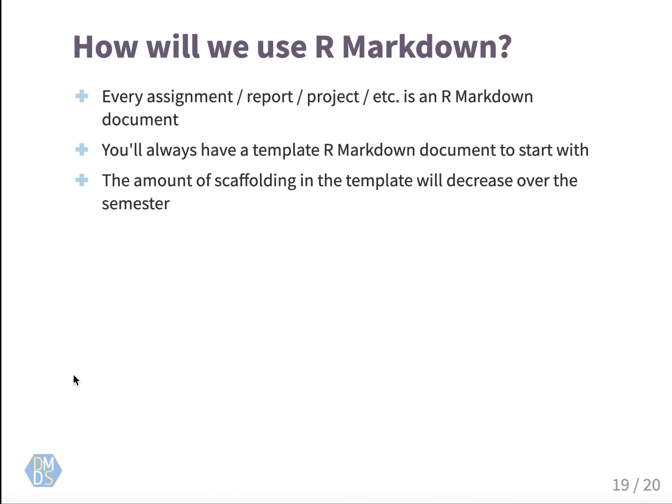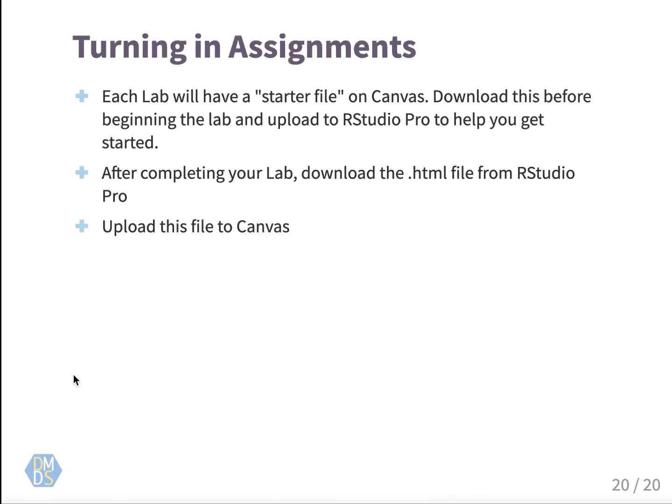So how are we going to use R Markdown? Every assignment, report, and project is an R Markdown document. You'll always have a template R Markdown document to start with, and the amount of scaffolding in that template is going to decrease over time. Those templates you're going to download from Canvas for every application exercise or lab, and then you'll upload them into your RStudio Pro instance, and then you'll download the final HTML file and upload that to Canvas.